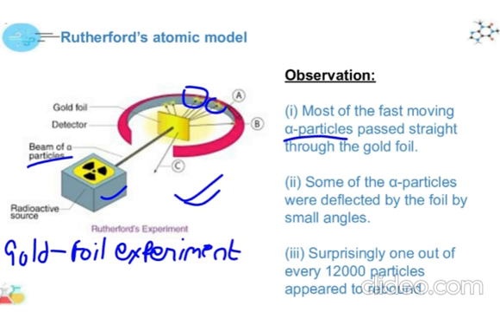They were diffused also. One surprising outcome was that out of 12,000 particles, one appeared to rebound. So these were his observations with this gold foil experiment.